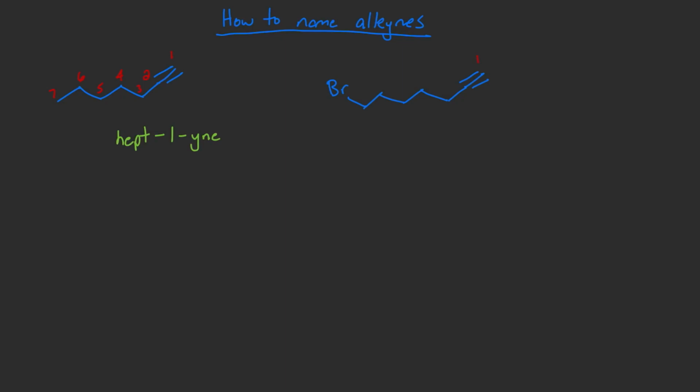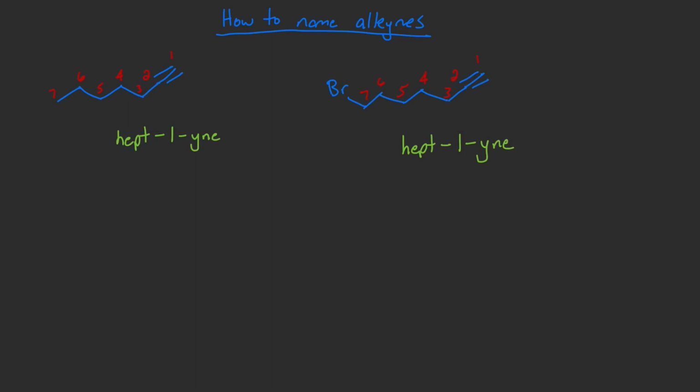So for this numbering, we will keep the same numbering that we had in the last example. And then we have the bromine. So for this name, again, we have the base hept, and we know the alkyne is at carbon 1.